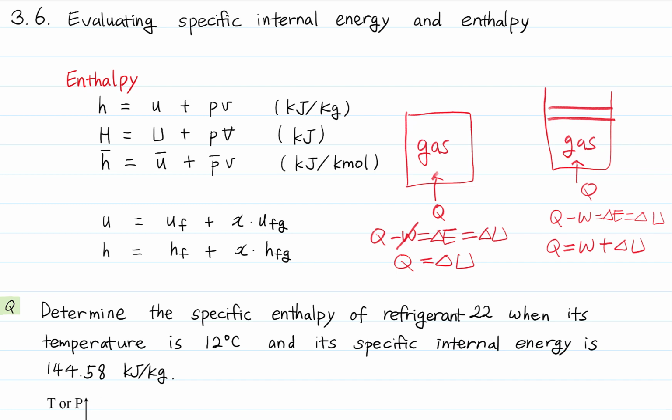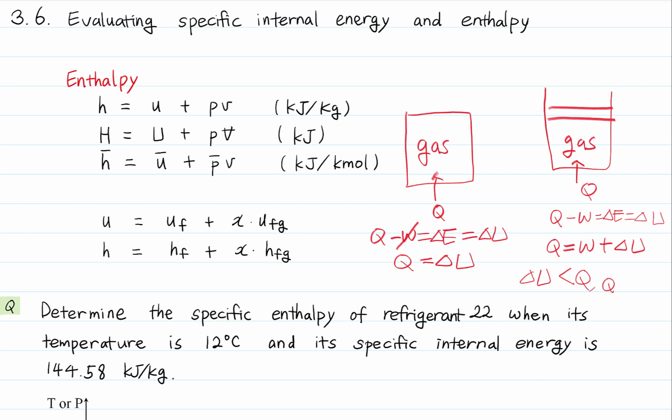So the change in internal energy of the system is smaller than the heat supplied to the system, because part of the heat is used for the internal energy change of the system. Part of the heat is used for the work.